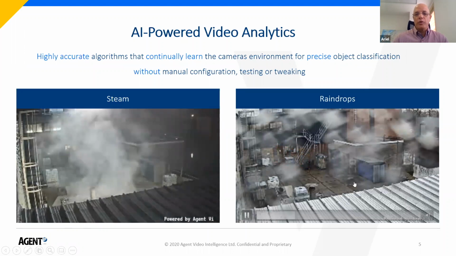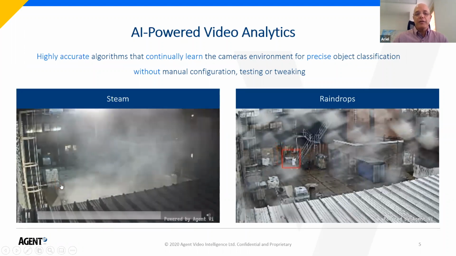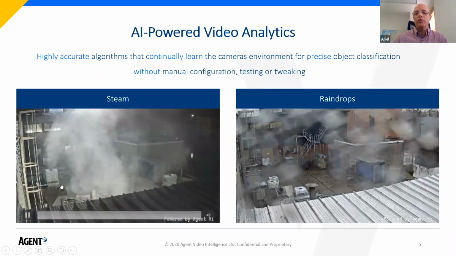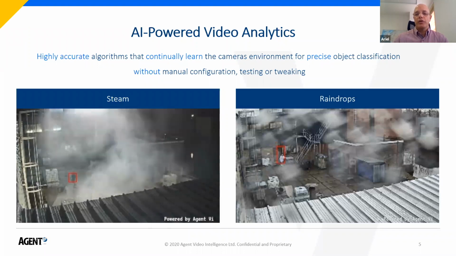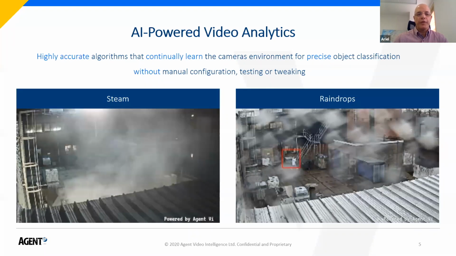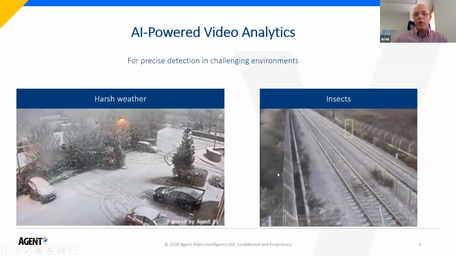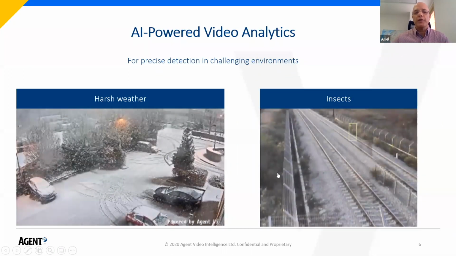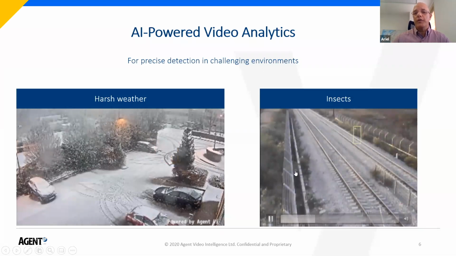The capability to classify objects such as a person, and detect very accurately without the need for any tweaking or fine-tuning, even in very challenging environments, whether it is steam or raindrops on the lens, or here you can see one of the biggest challenges of analytics, a snow environment, or simple bugs in front of a camera.